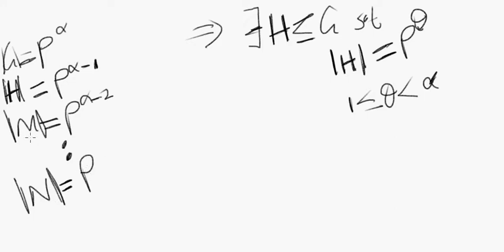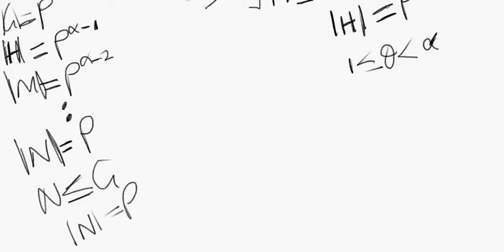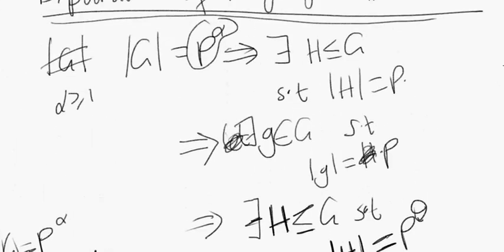And if N is a subgroup of G, then we can conclude that the order of N equals p. So can you think of any other strategies? This seems to be the strategy that we're following.